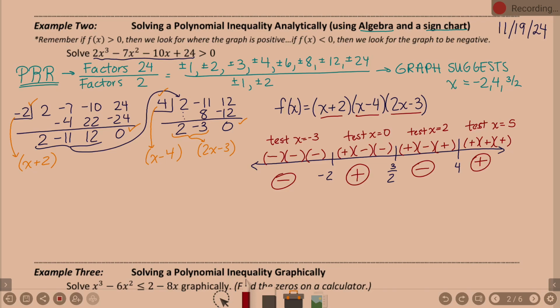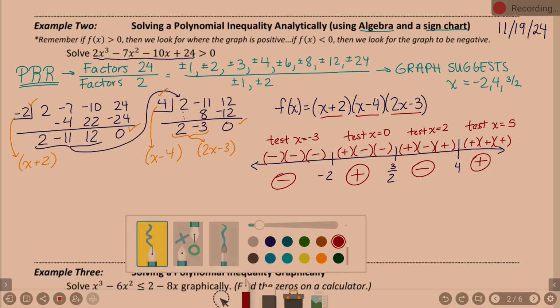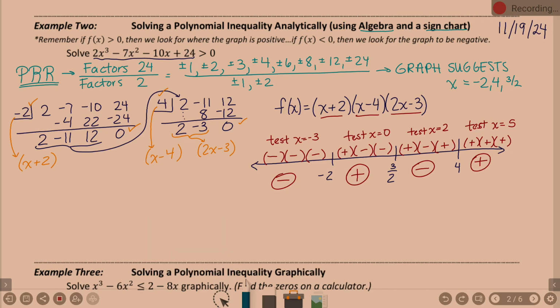Now, we've done all the work. The question is, what's our answer? What were we being asked? We're looking for where is our graph greater than 0? What does greater than 0 mean?